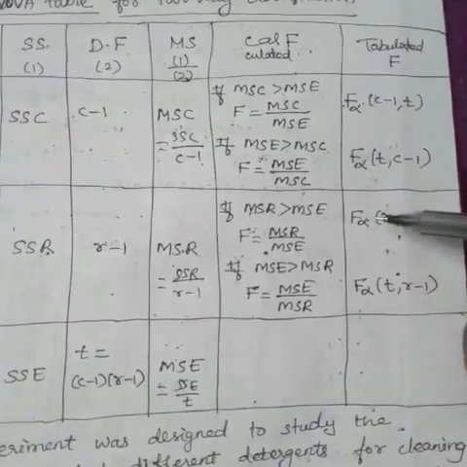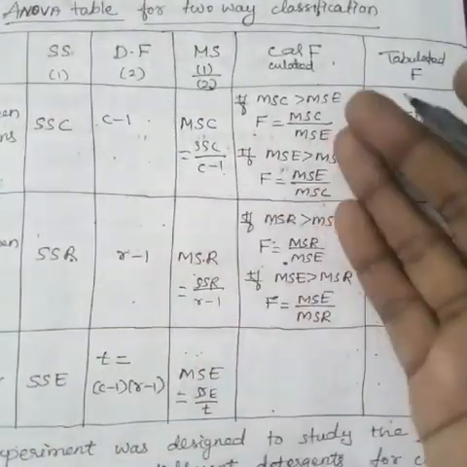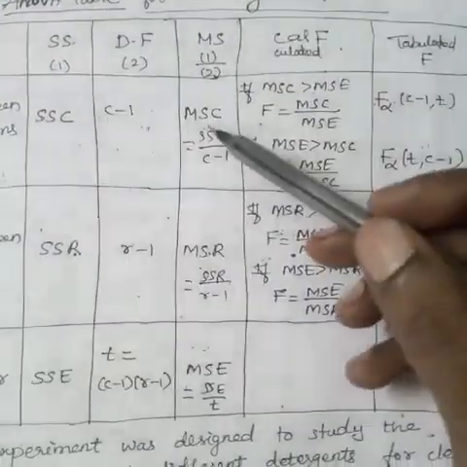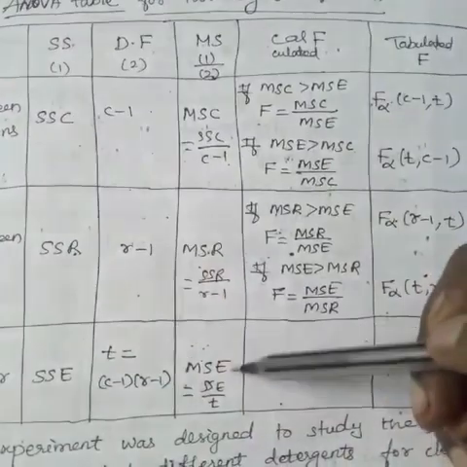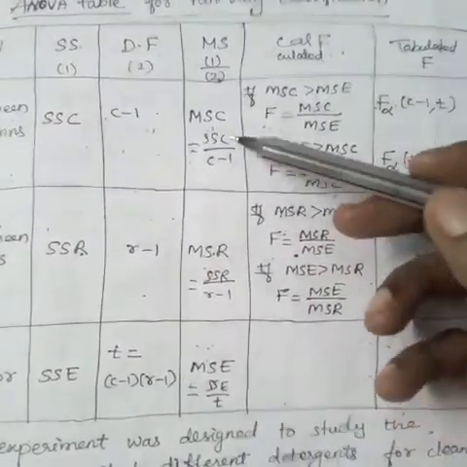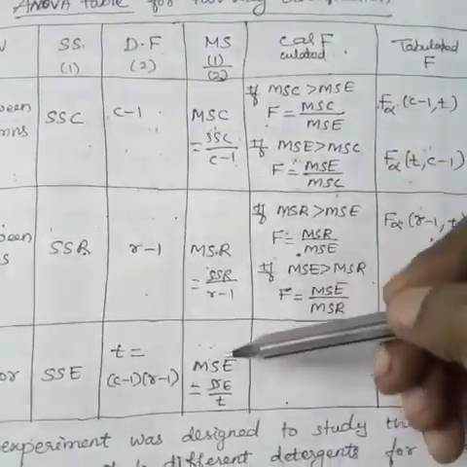The next calculation, calculated F. Here we have two values for F and two conclusions. We already know the two conclusions: one is rejected, otherwise accepted. So like that, the calculation of F. All the values are compared with error, so we are comparing the column values with error and the row values with error.